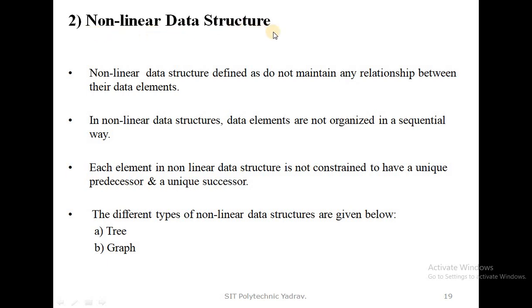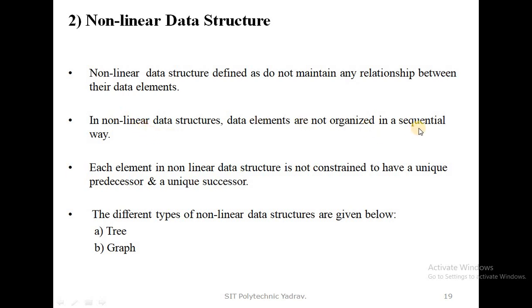Next point, non-linear data structure. Up to now we have seen linear data structures, in which relationships between data elements are maintained. But a non-linear data structure does not maintain any relationship between its data elements. The elements are not organized in a sequential way, unlike in a linear data structure.